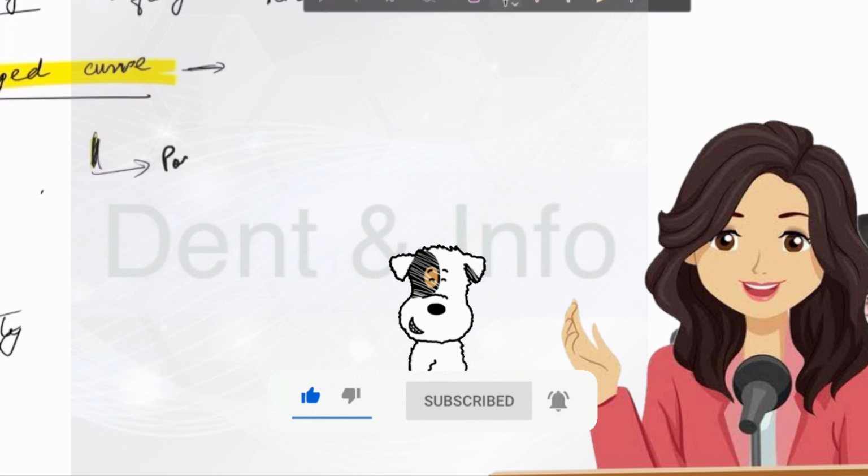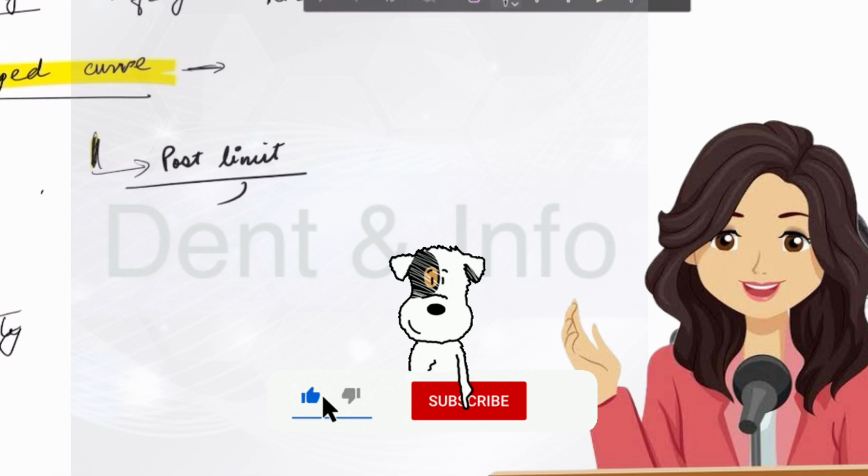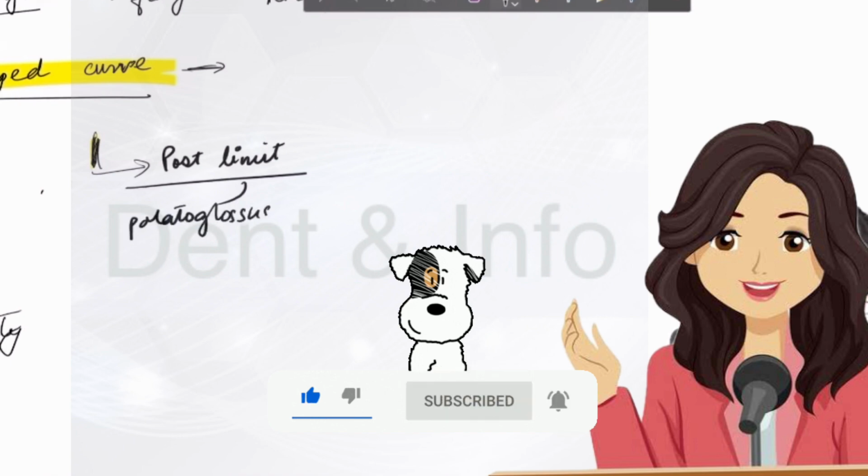Mainly, what is very important for the posterior border is the limit. The posterior limit is governed by which muscles? Palatoglossus mainly, and superior constrictor.